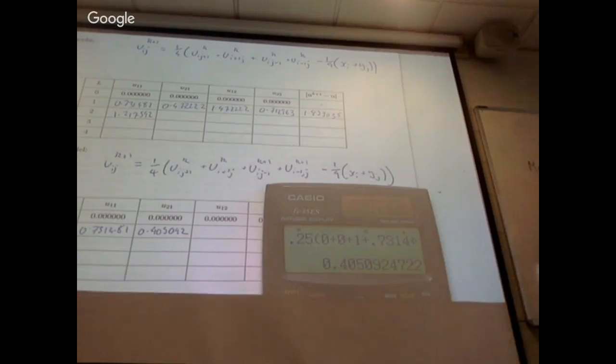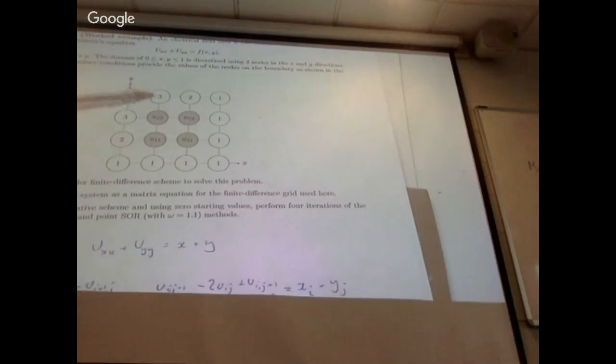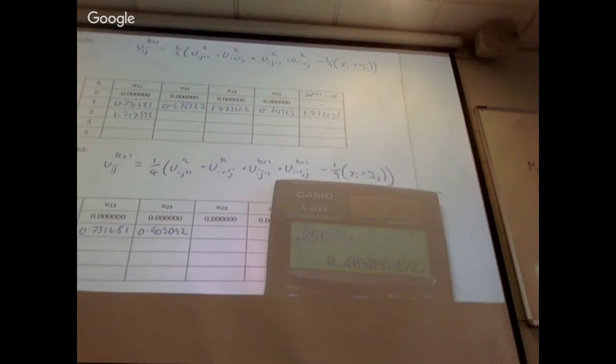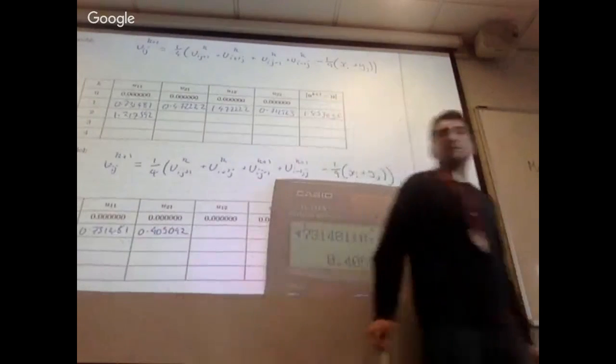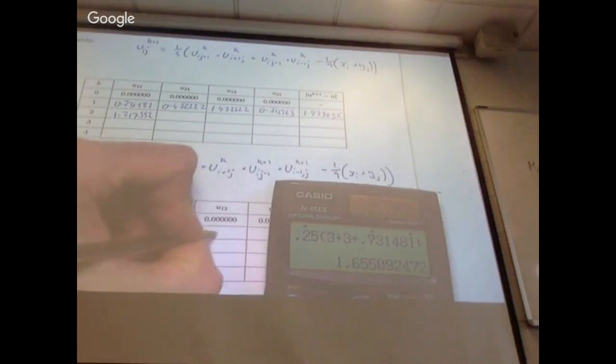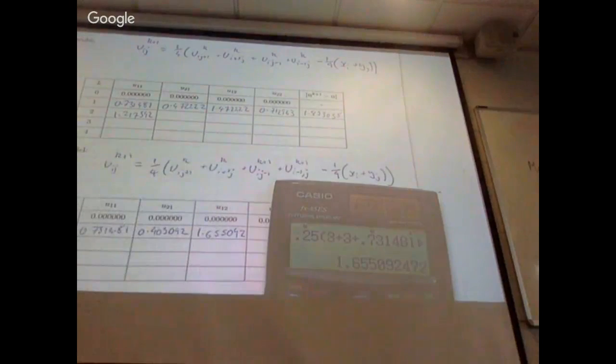Do the same with the node U12, which is this node. So take 3, add 3, add U11, which is new, and U22, which is old. Notice I'm using that new value there. And we get 1.655092.